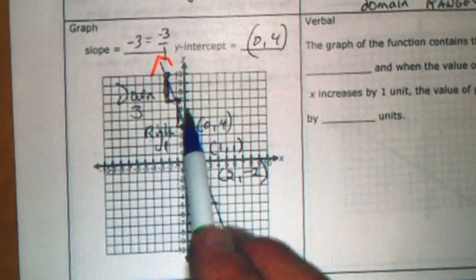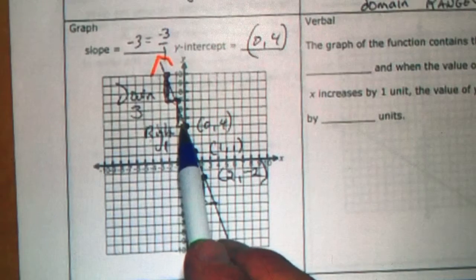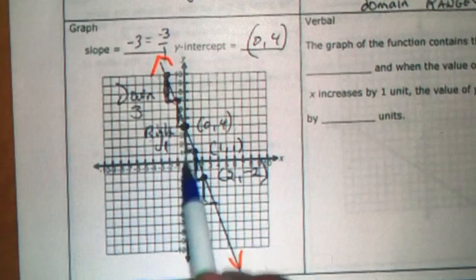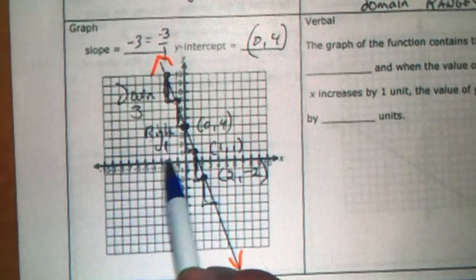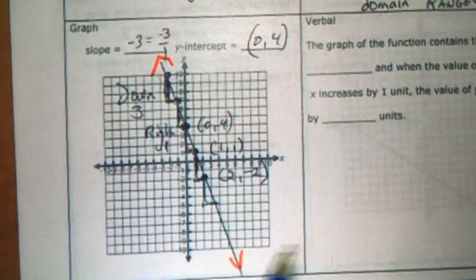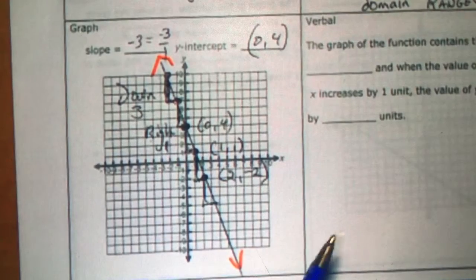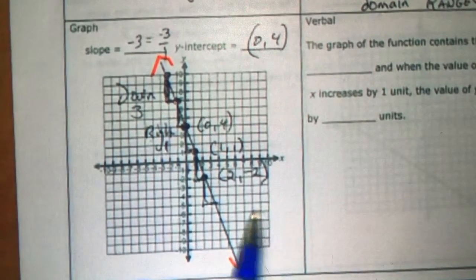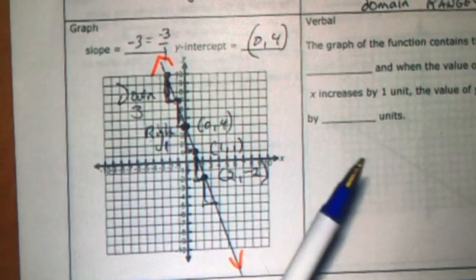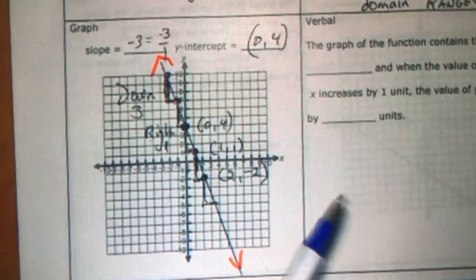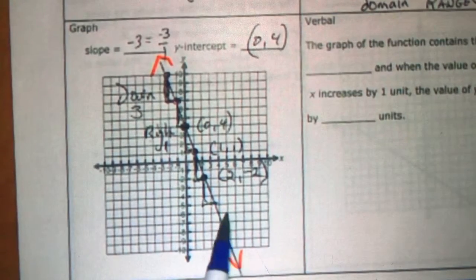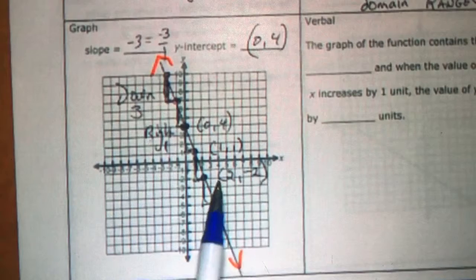If you were to have negative 3 over negative 2, then you could do negative 3 down and then negative 2 to the left. So you've got to go with the direction that the slope is telling you. It's literally telling you negative or positive. Negative is down or left, and positive is right or up. And you're always doing the y value first and then the x value.